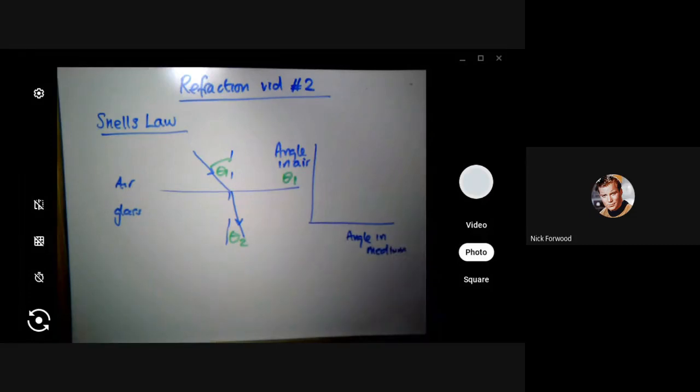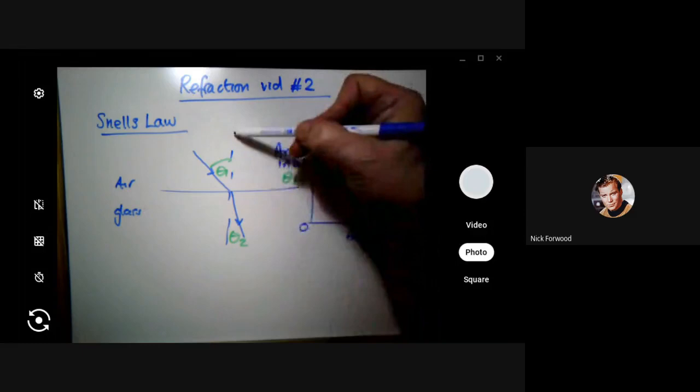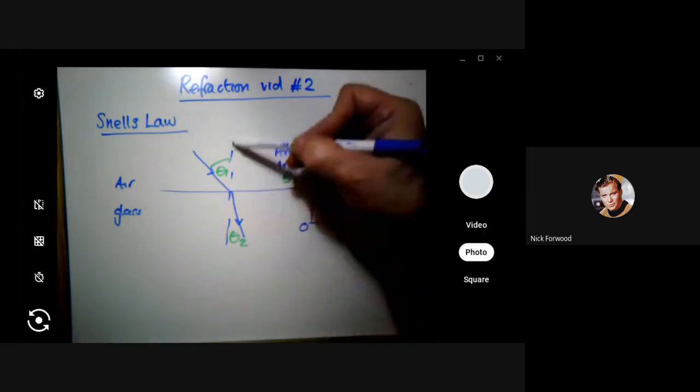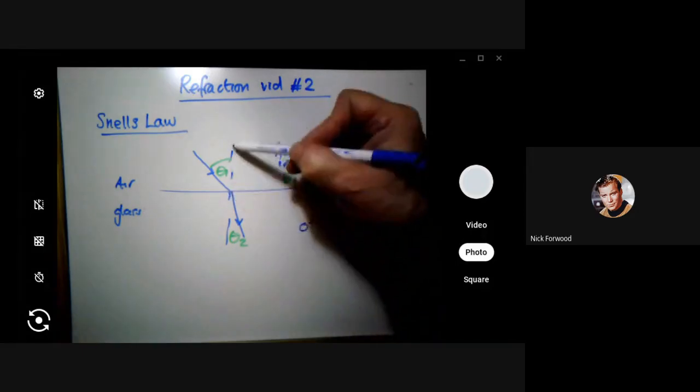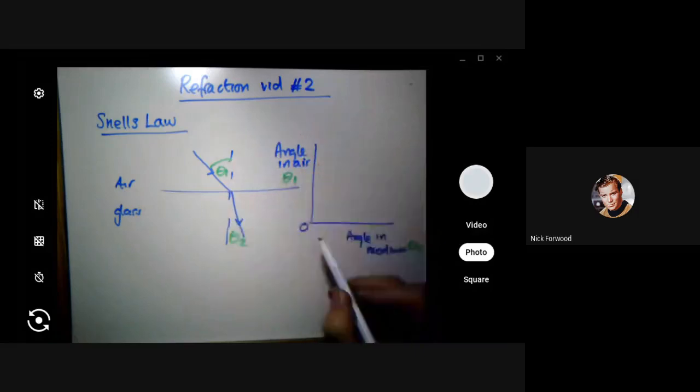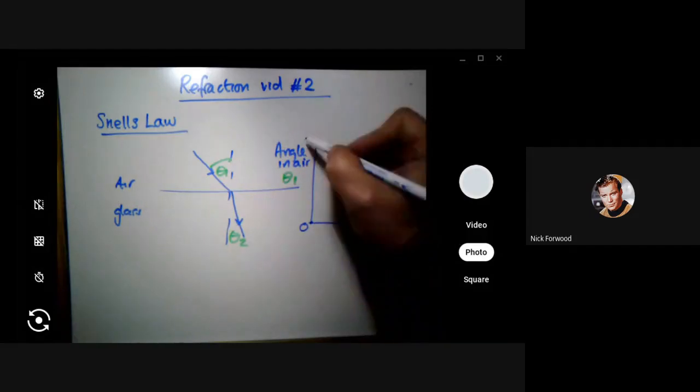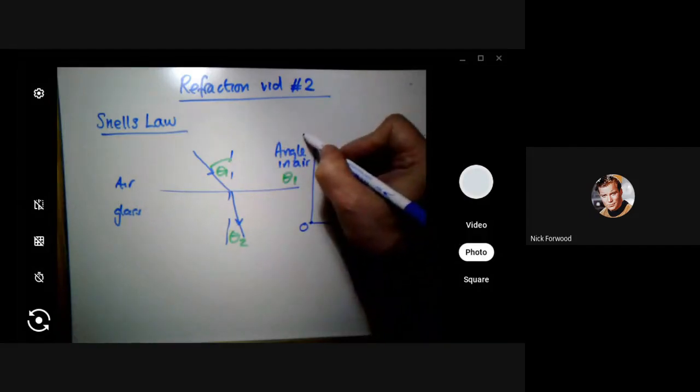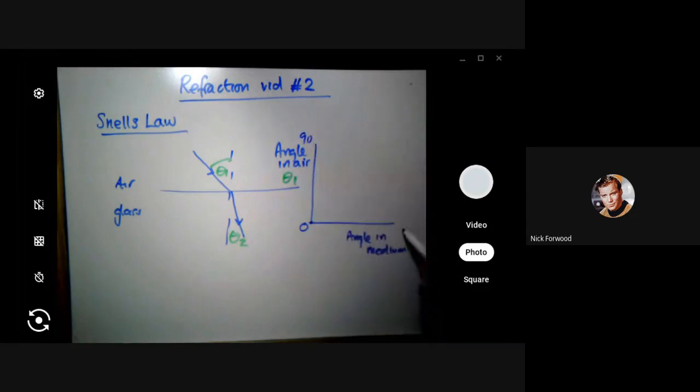He started off with 0 degrees. 0 degrees is where the ray of light would come in here, and if it comes in along the normal, it continues along the normal. So the first point of the graph starts here, and the graph went up to 90 degrees, and this goes up to 90 degrees here.